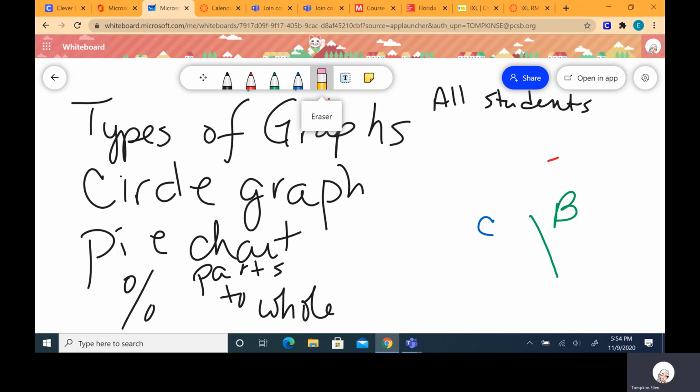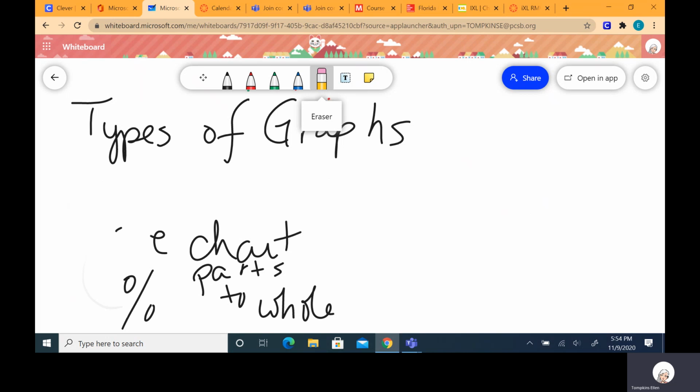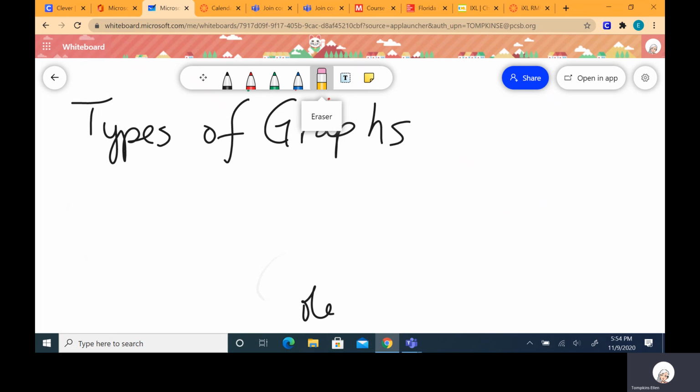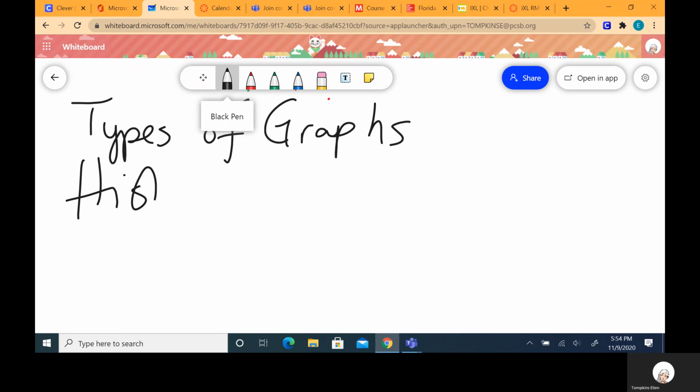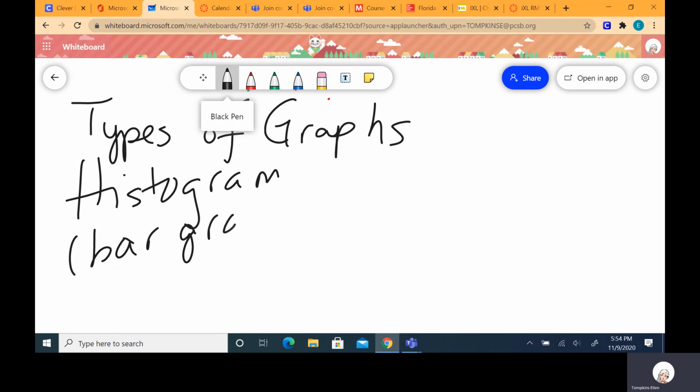All right. And the last one that we talk about is a histogram. Now, a histogram, if I can write it without scribbling, is a type of bar graph. It's related to a bar graph.